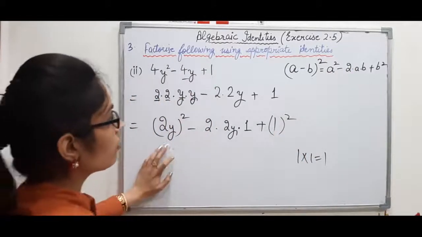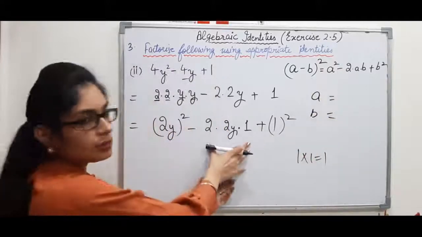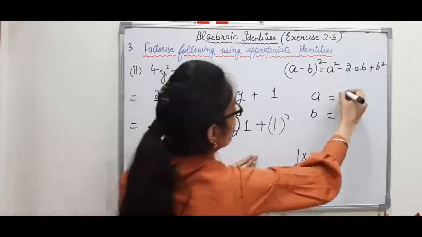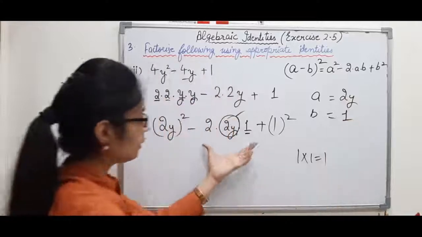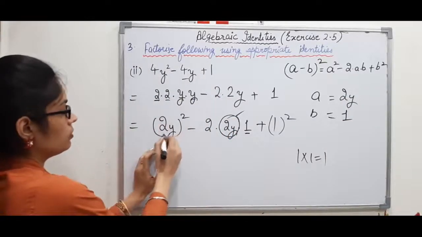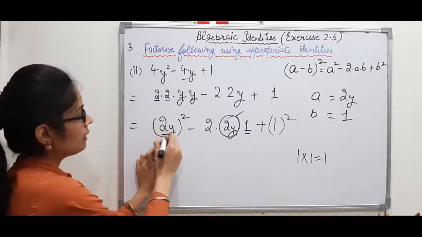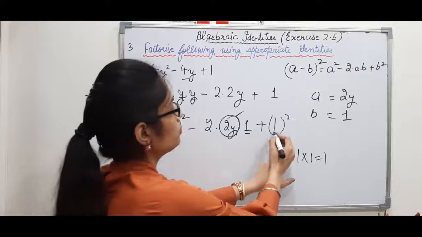Now from here we can find the values of a and b. Directly from this expression also you can find. So if you see, this is our a which is 2y and this is our b which is 1. If you cannot find from this, then this also you can say a square, 2y square, which means a is 2y, b square 1 square, so which means b is 1.